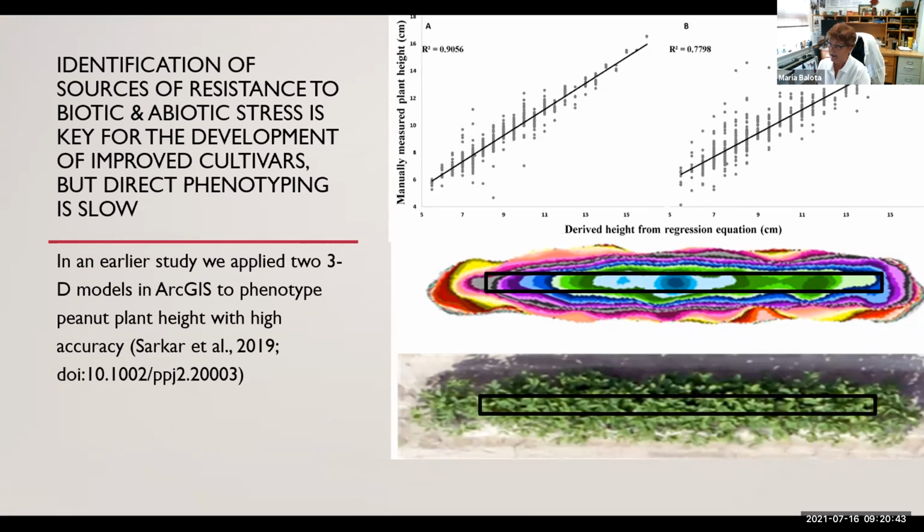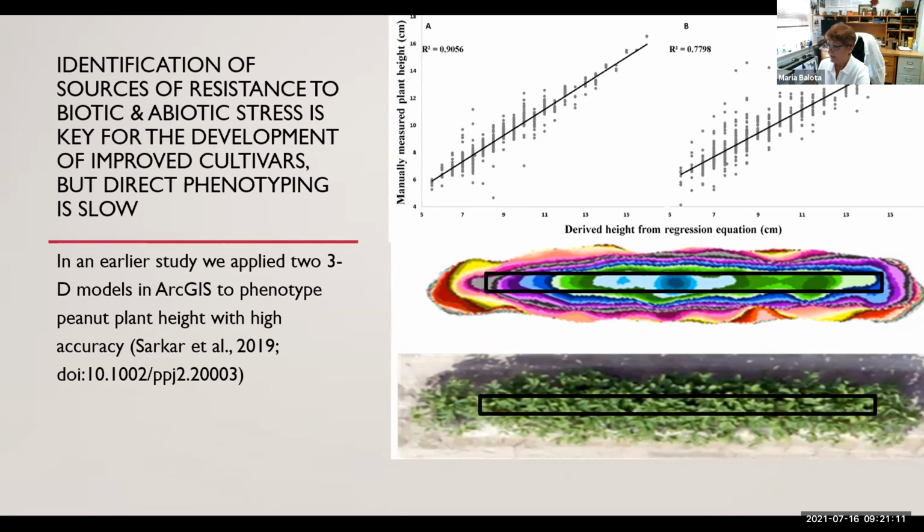We knew that identification of sources of resistance to biotic and abiotic stress is key for the development of improved cultivars. We also knew that direct phenotyping is slow. So my role and my team's role was primarily related to the development of high throughput phenotyping methods from aerial imagery.